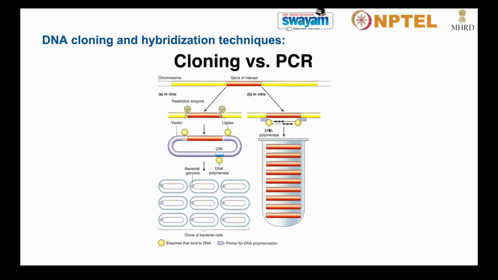Most specifically in PCR we use Taq polymerase, a DNA polymerase obtained from Thermus aquaticus, which is very thermostable. That's why it is used. When we study PCR in detail, you will know why we use Taq polymerase. Here you can see it occurring in this tube, and multiple copies have been produced of this particular segment of interest.